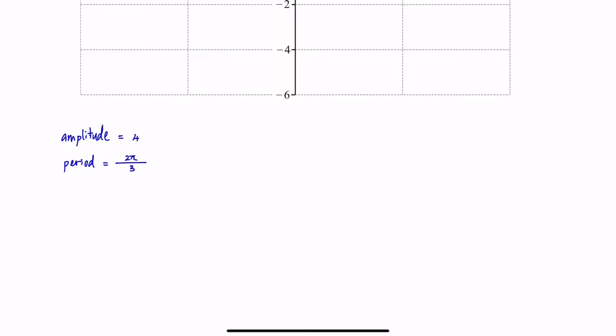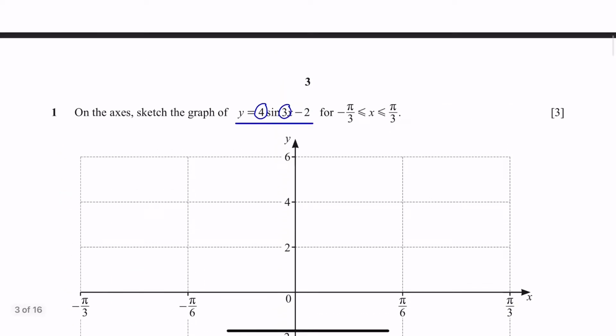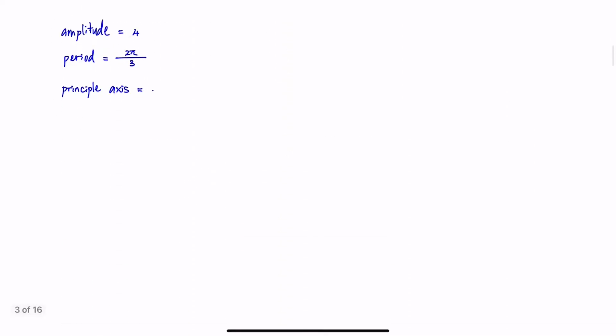So period is 2 pi over 3. And lastly, we need to find the principal axis, and principal axis can be found here. So this number here is our principal axis, which is -2.